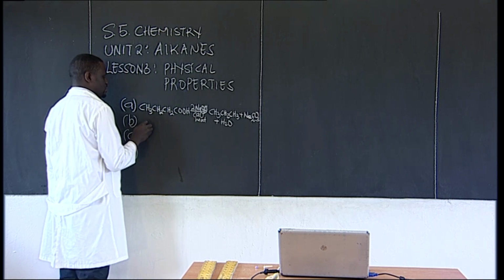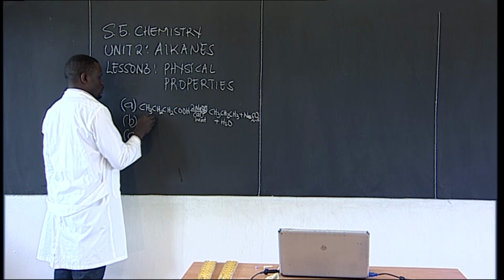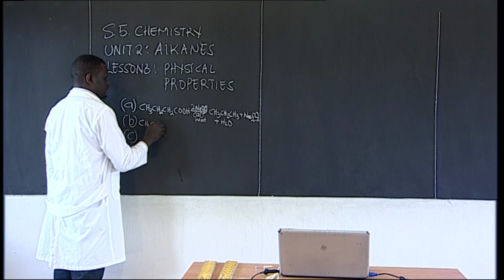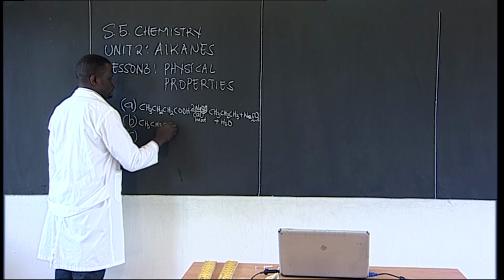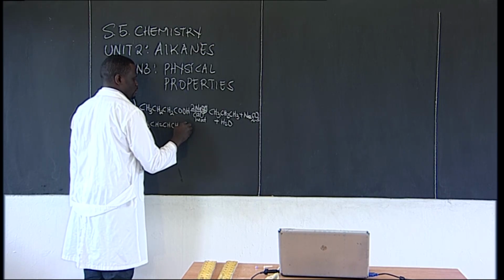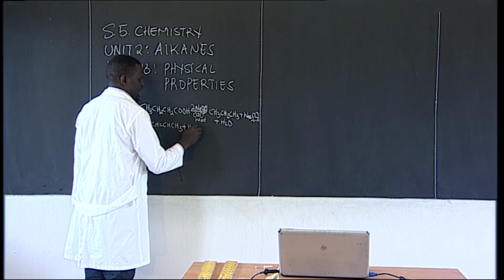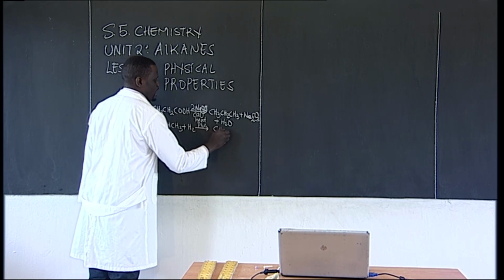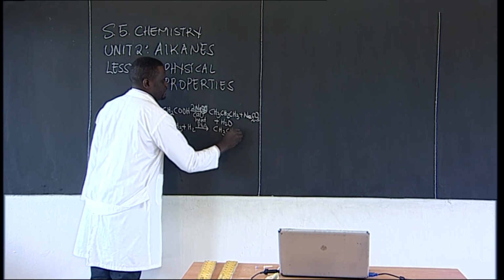Then the second reaction was about reduction. We can give an example different from the one I gave you, but let's just revise. In the presence of hydrogen and platinum, we get our alkane.